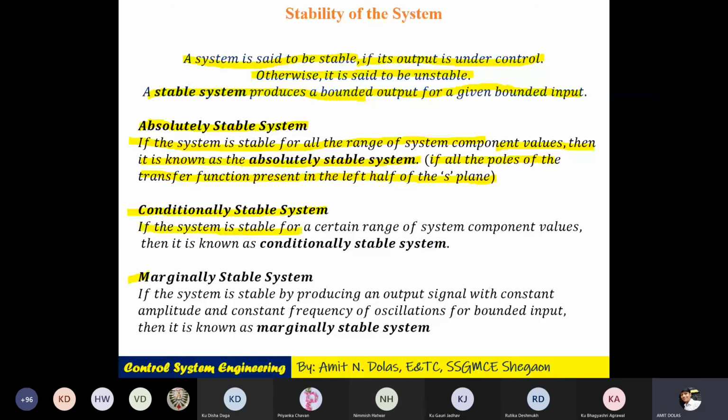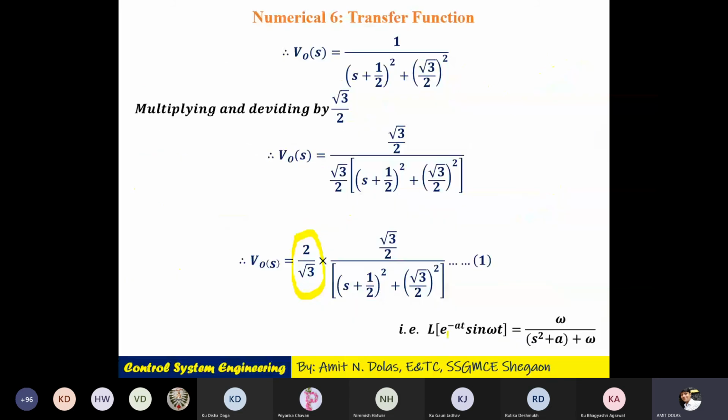Then another one is a conditionally stable system. If the system is stable for a certain range of the system component, that is, for particular values and a particular range only, that is known as conditionally stable. And marginally stable: if the system produces an output signal which has constant amplitude and constant frequency of oscillation for bounded input, it is known as marginally stable. Like the sine wave we got, it has constant amplitude and constant frequency. Amplitude was neither going toward infinity nor toward zero. The sinusoidal waveform we got is marginally stable.